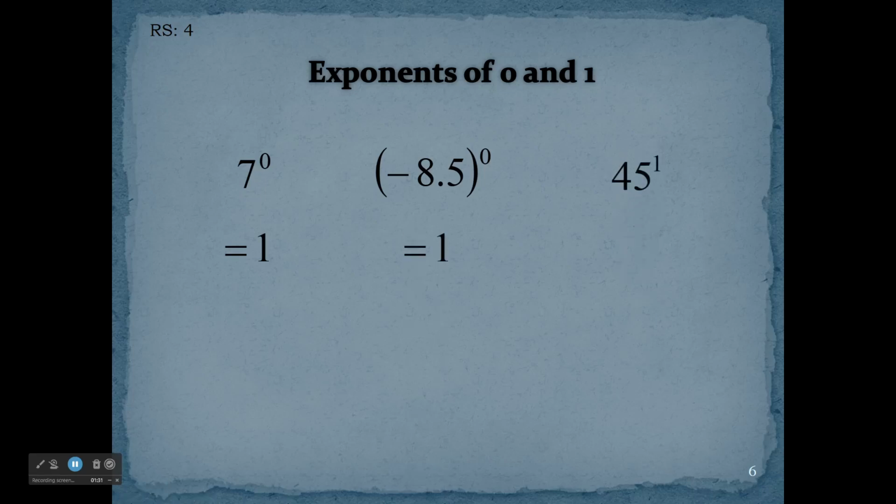Look at this one. 45 raised to the power of 1. Well, that doesn't change the base. It's just 45. This is the end of 2 of 6 short videos for Review Skills 4.